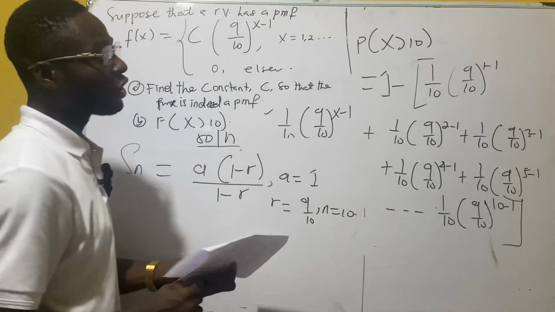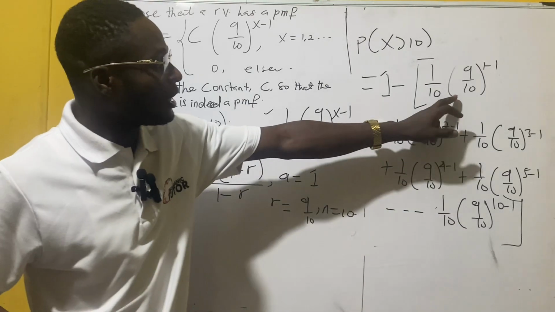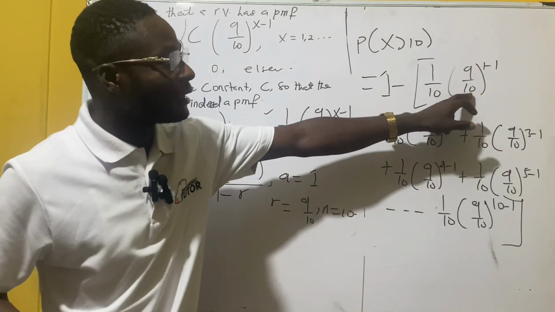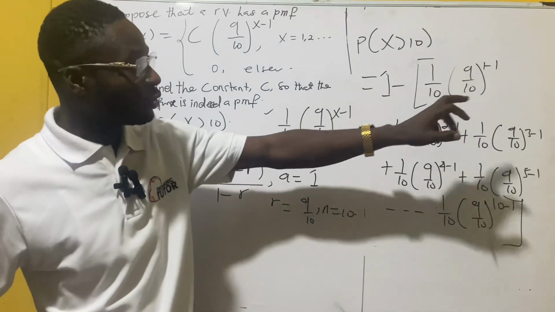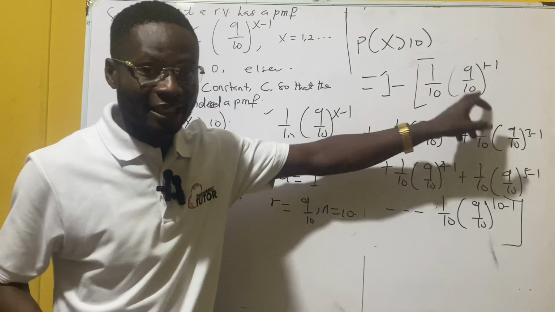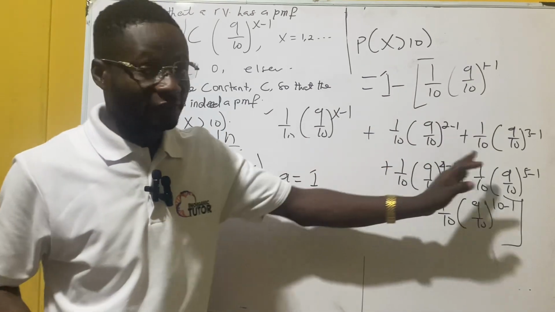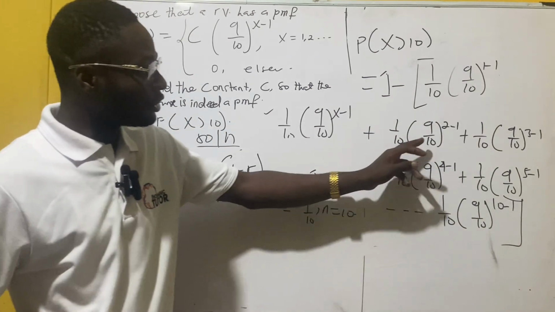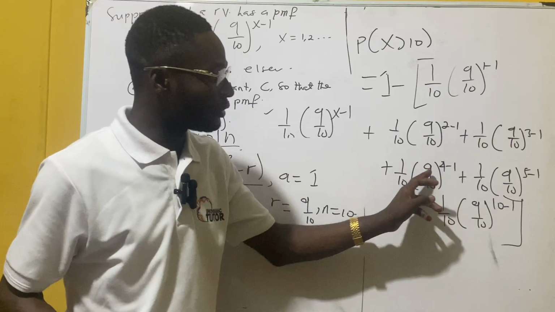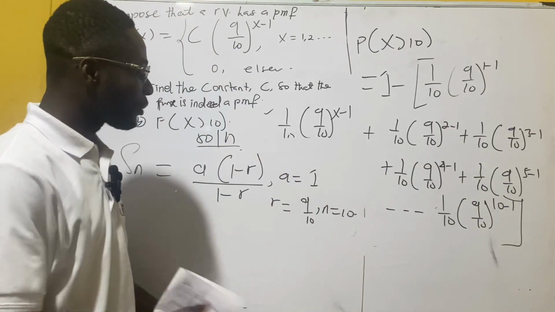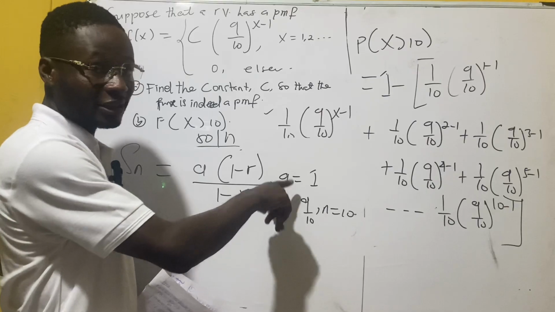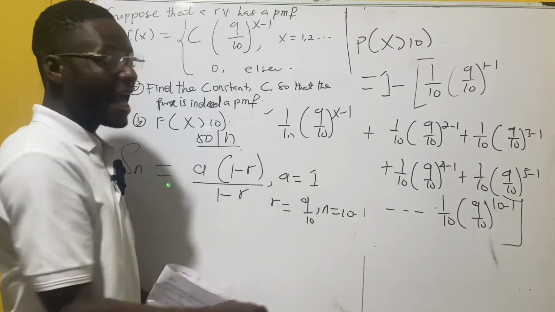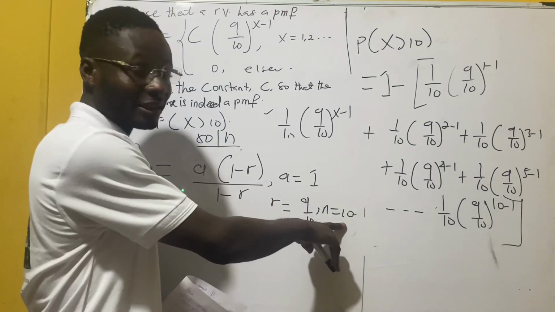The first term, 9 on 10 exponent 1 minus 1, is 9 on 10 exponent 0, so the first term is 1 and the rest follows. The rest has the same ratio, 9 on 10, so 9 on 10 becomes our ratio r, a is the first term which is 1, and n is 10.